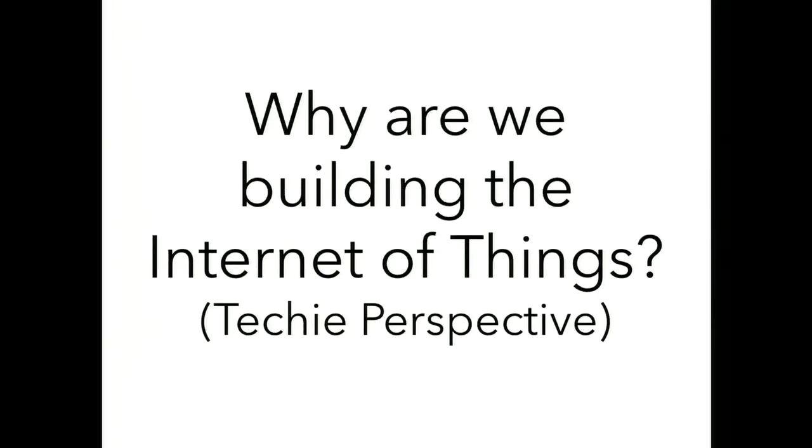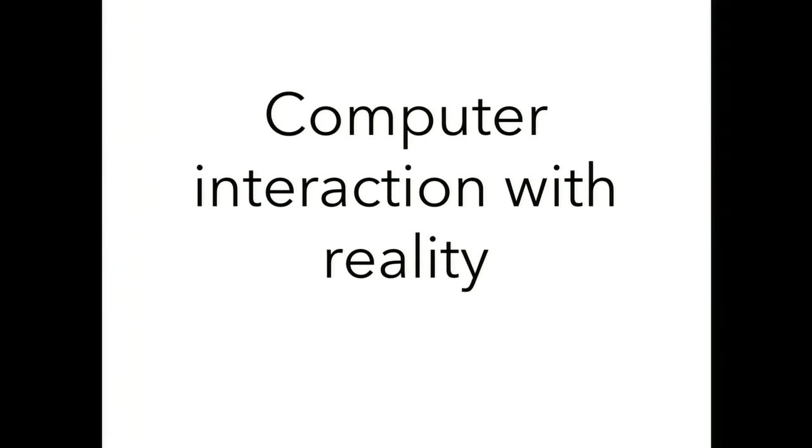But let's look at the technical perspective of why we're doing this. You could argue that we're doing it just because we can. We tend to do, as a species, things like that. But really, technologically, the Internet of Things is about finally getting our computer interaction with reality. We've been talking about it for a long time, and it's in science fiction and everything, and now it's finally coming to fruition. Different type of automation. We're looking to eliminate errors.